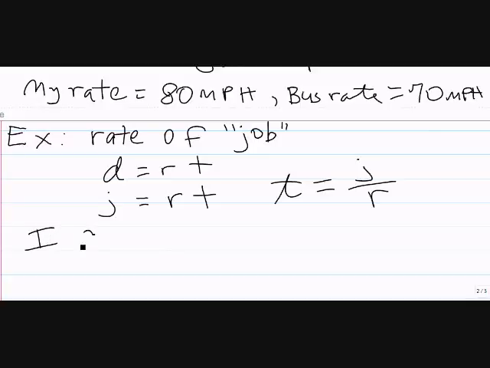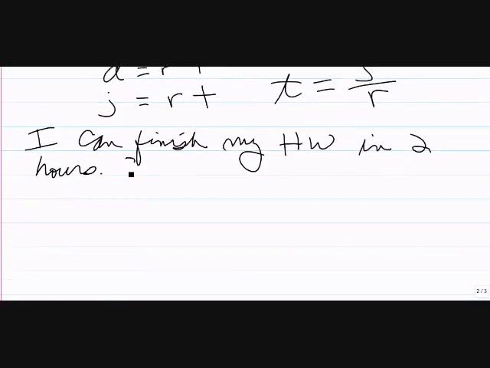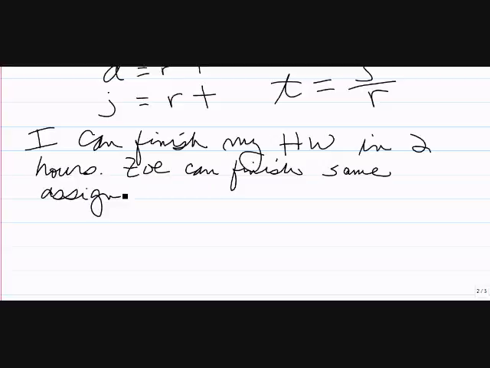I can finish my homework in 2 hours. Zoe, my 8-year-old daughter, can finish the same homework in 5 hours.